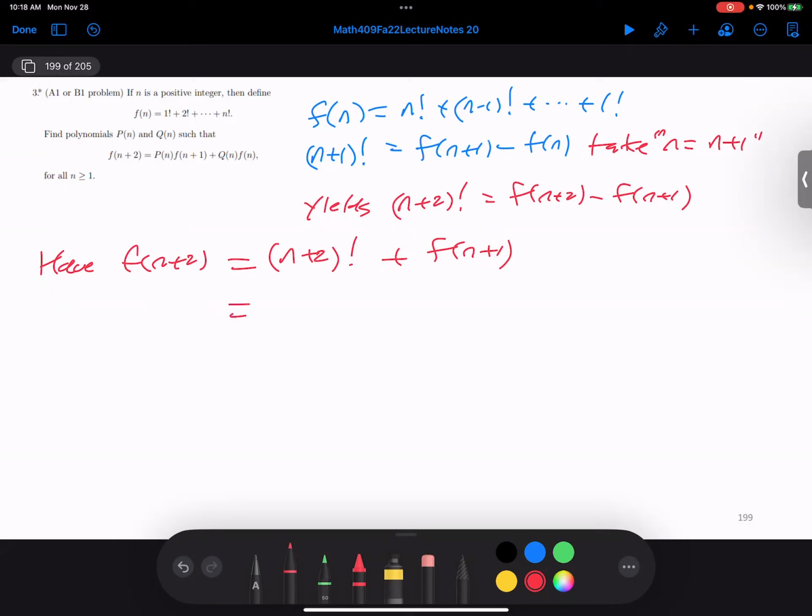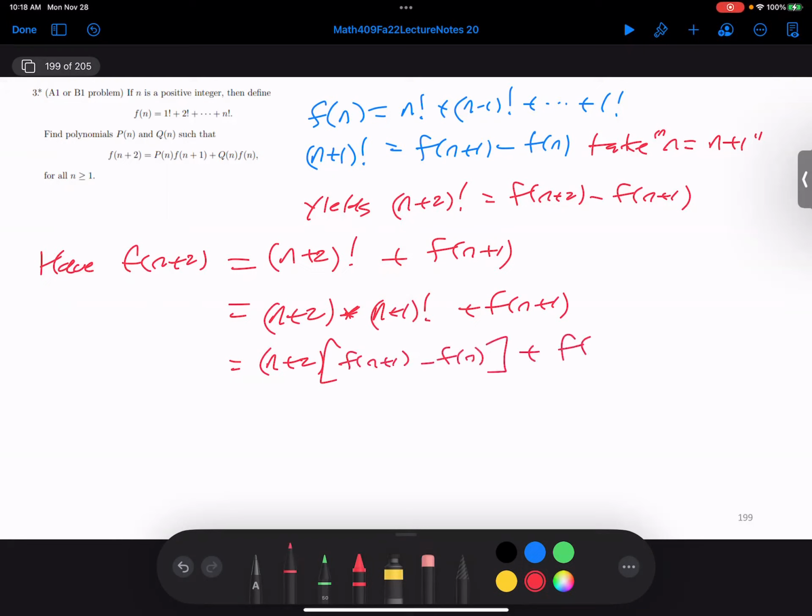So I can write this as (n plus 2) times (n plus 1) factorial plus Fn plus 1. And now I know that I can write (n plus 1) factorial as Fn plus 1 minus Fn, plus Fn plus 1. And from this point, it's going to be (n plus 2) times Fn plus 1.